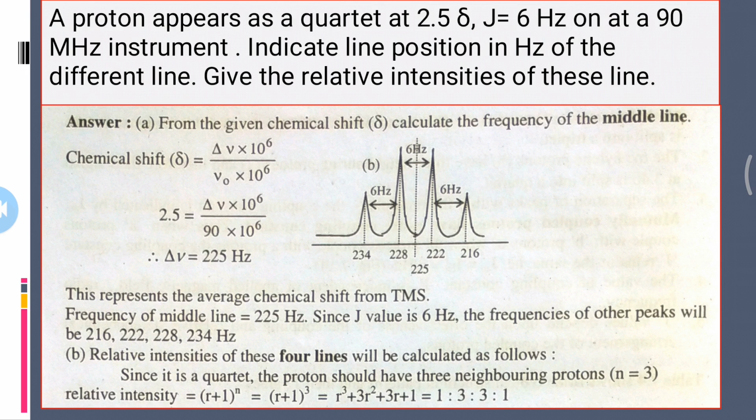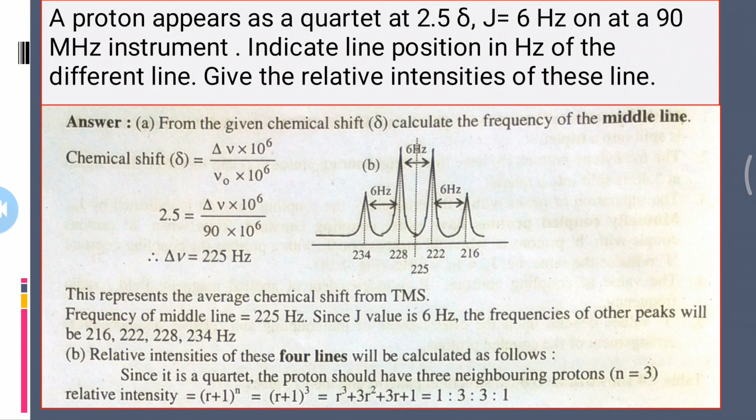Similarly, on the left side, the peak observed: 6 divided by 2 is equal to 3. So the left side peak observed is 225 plus 3, which is equal to 228.